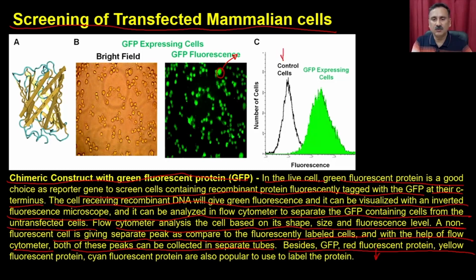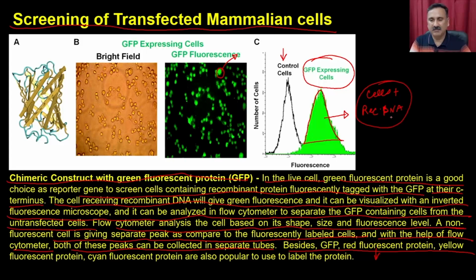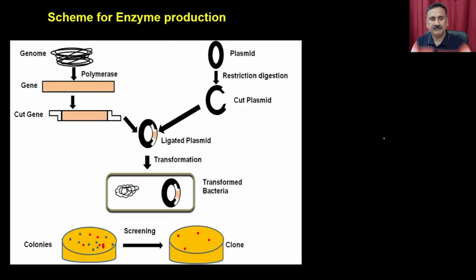These are the control untransfected cells, and these are the GFP expressing, recombinant DNA containing cells, and that is how you can collect these cells in a separate tube. They will be the cells with the recombinant DNA, and you can separate them out and use them for subsequent experiments.